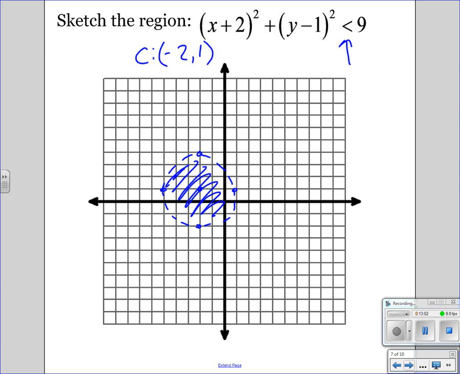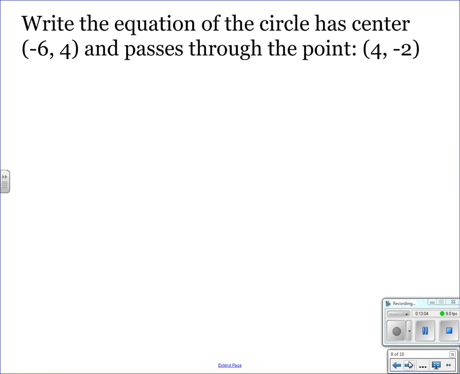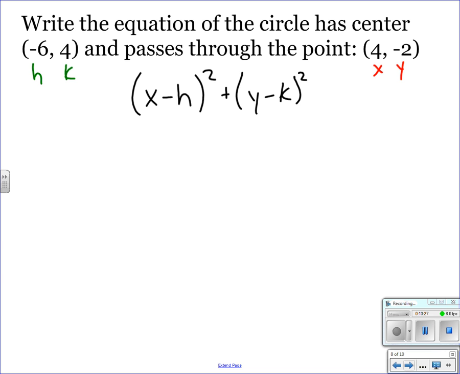Last example. Write the equation of the circle that has a center and passes through the point. So the center is h, k. The point is x, y. So now what I want you guys to do is plug into that standard form: x minus h squared plus y minus k squared equals r squared, because I need to find the radius.